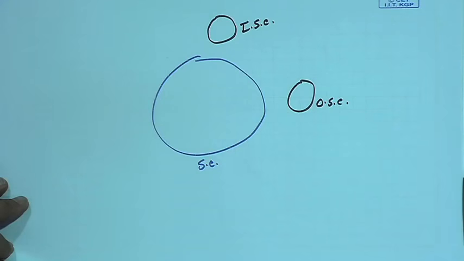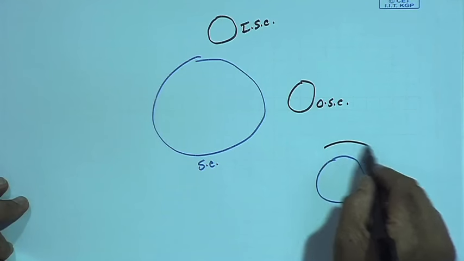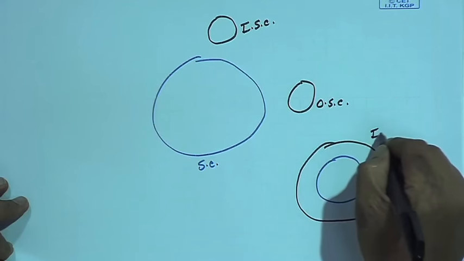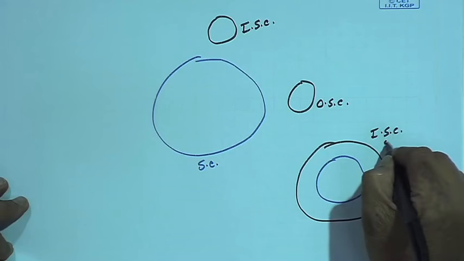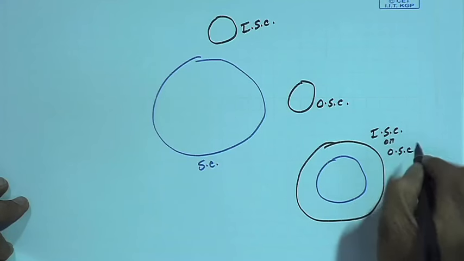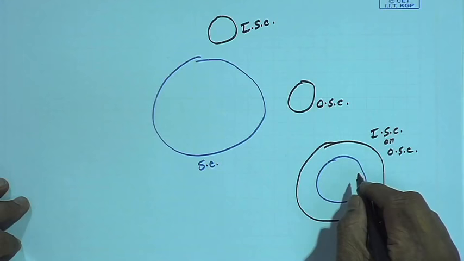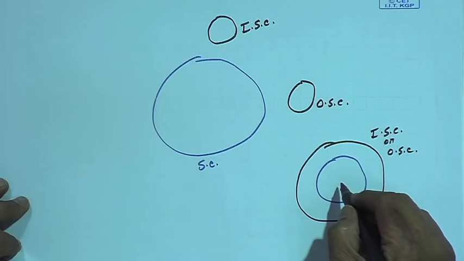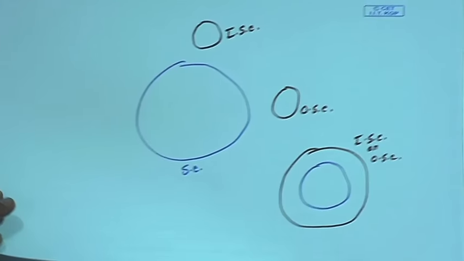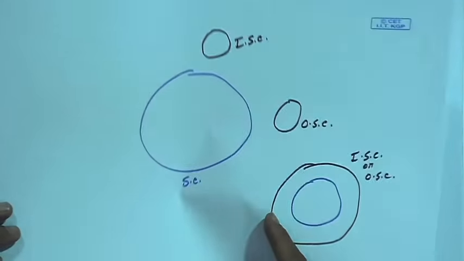Similarly, I can also have the case where the stability circle is completely like this, ISC or OSC. In that case also there are no intersections, so no problem. By this, we can find what the ranges of gamma S and gamma L are for which we can have the conditionally stable amplifier. So, we will choose according to that.